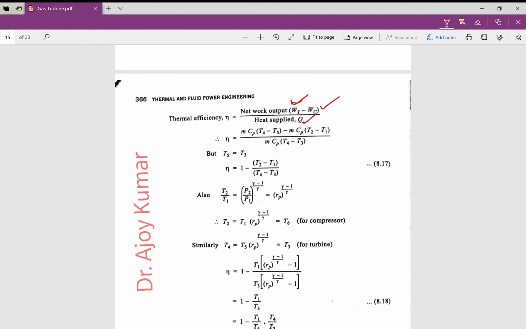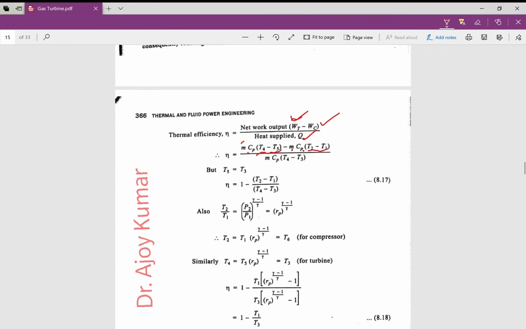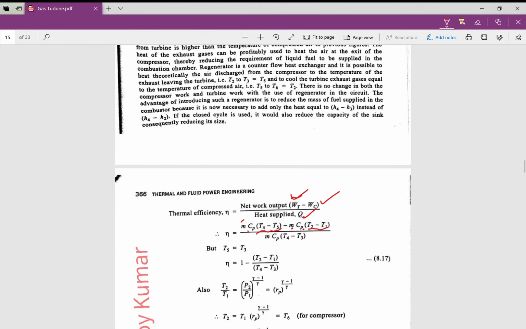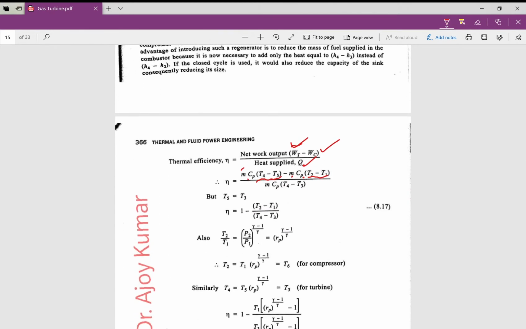Considering mass m multiplied with Cp and then the temperature difference in the turbine, that is T4 minus T5. Then for compressor work, the same mass m, same specific heat, and T2 minus T1. The compressor is here, so T2 minus T1. For the turbine, T4 minus T5.